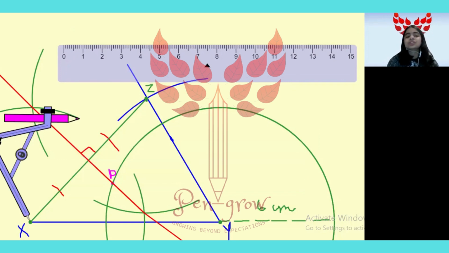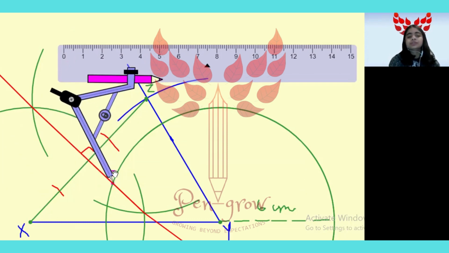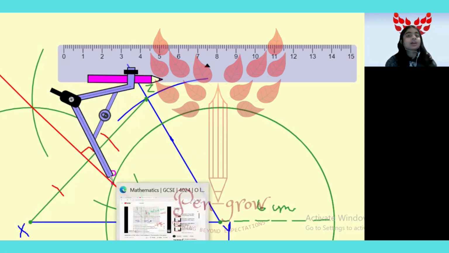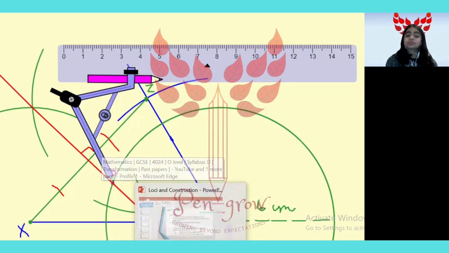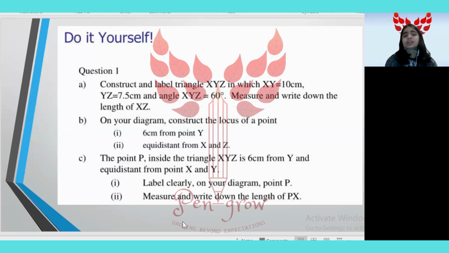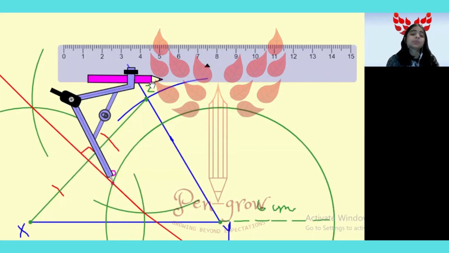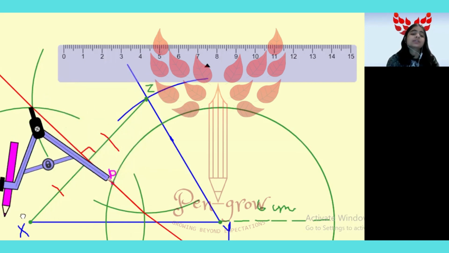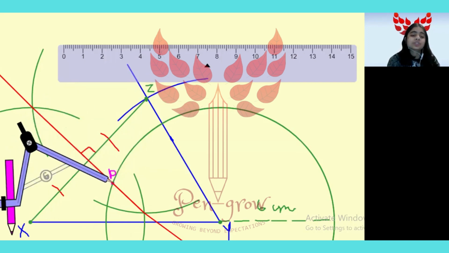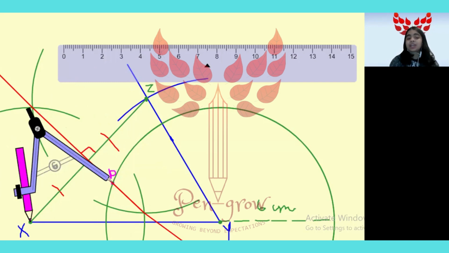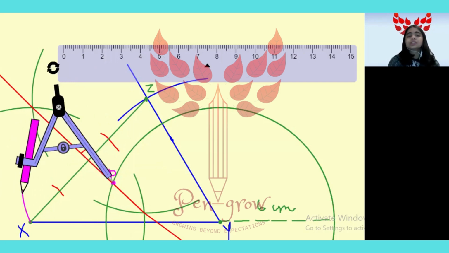So we can measure this point through the protractor, and then we can keep the protractor on the ruler. Isn't that the nicer idea? Measure and write down the length of PX. Okay. So P and then X. So I need to close it a little. Yes, PX. Right, so this is it.